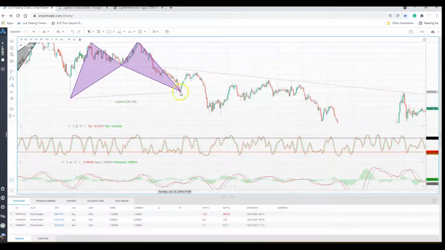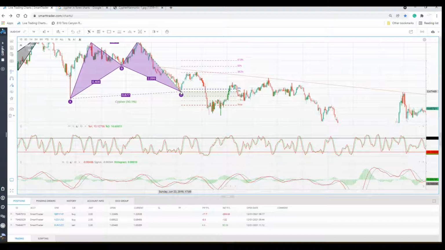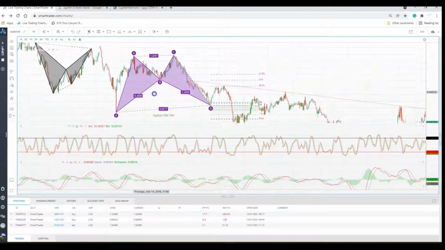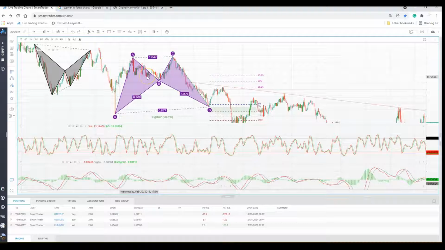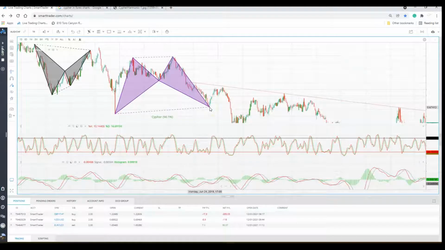Here's another one on a daily chart. Again, there are two harmonic patterns here. We have an A, B, C, D. Your entry is at D, so we're buying. Notice the stochastics is also overbought, I'm sorry, oversold.